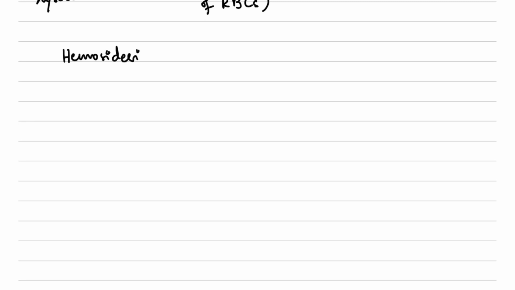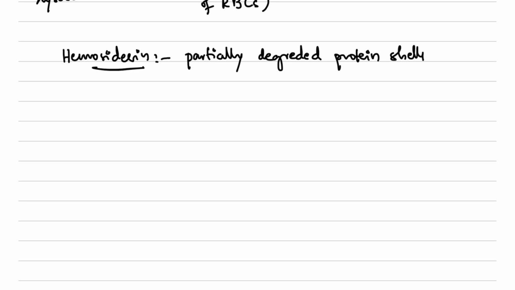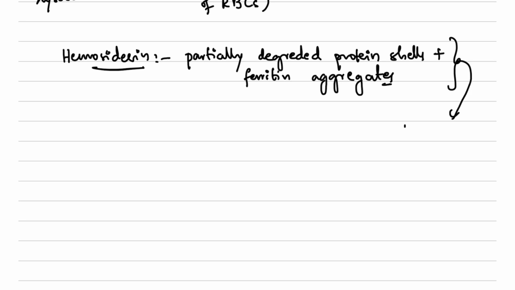Let's look at what is hemosiderin. Hemosiderin is a partially degraded protein shell, along with partially degraded ferritin aggregates.